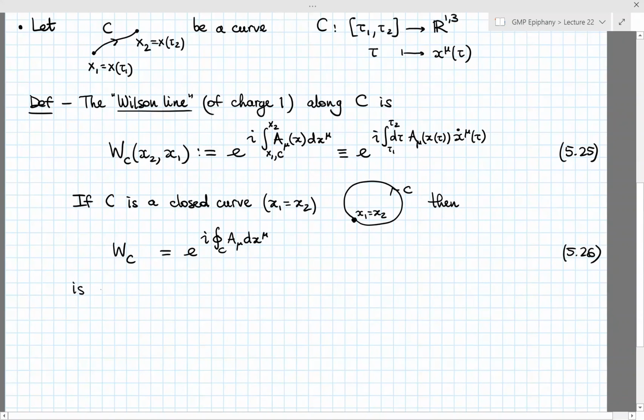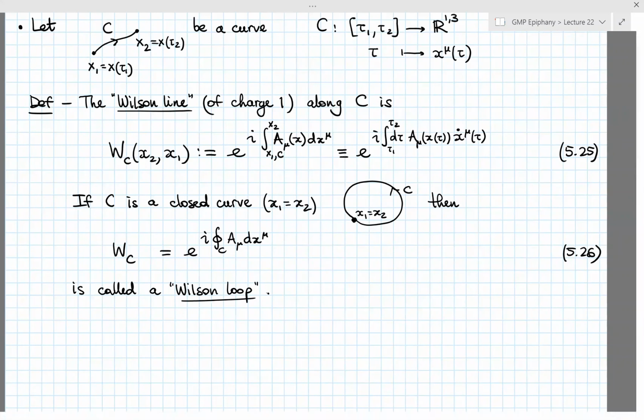This is called a Wilson loop because the curve now forms a loop in space-time. Again, it's a Wilson loop of charge 1. And in fact, it doesn't depend on x1 and x2 by results that you know from calculus. It only depends on the curve.